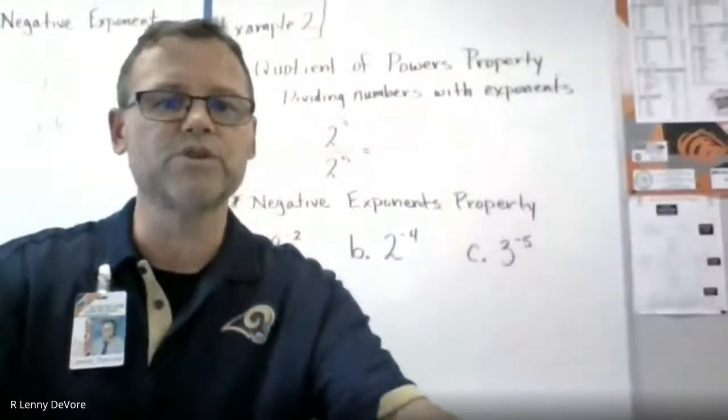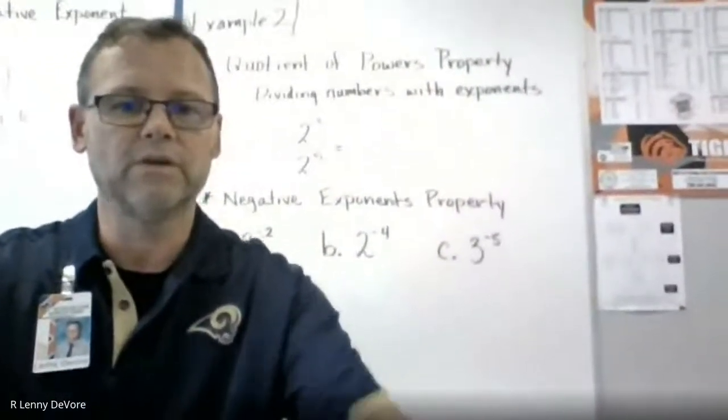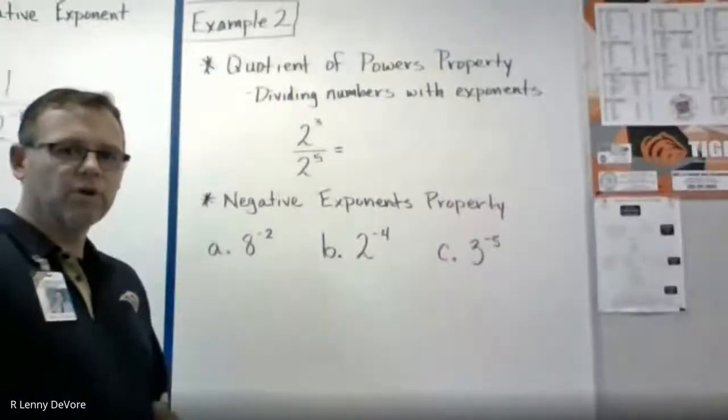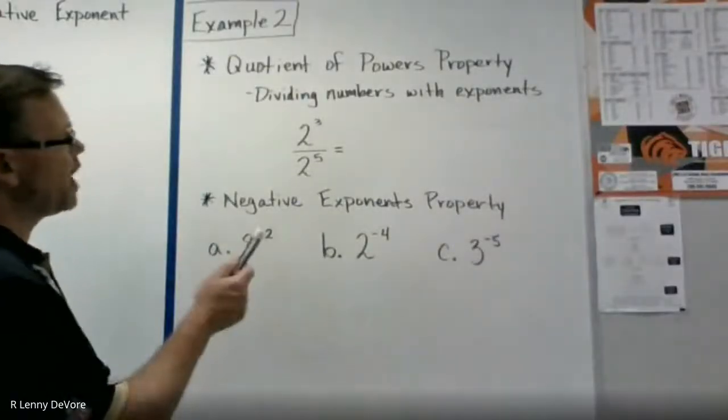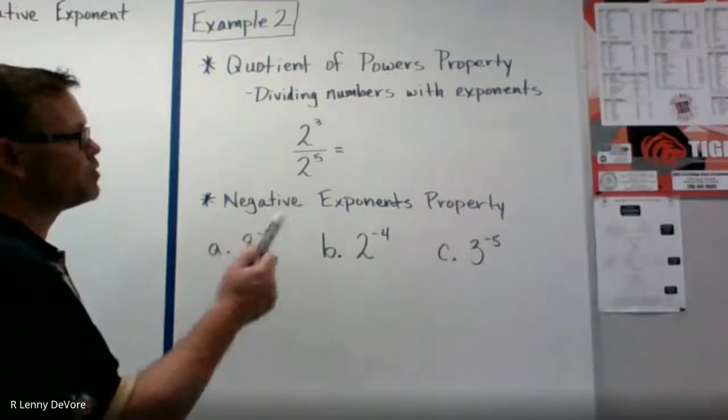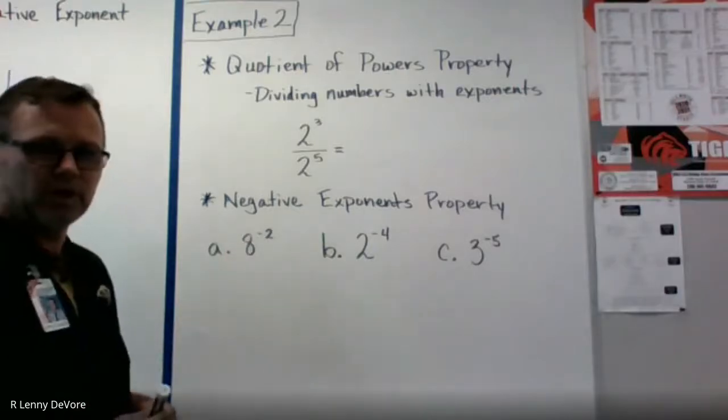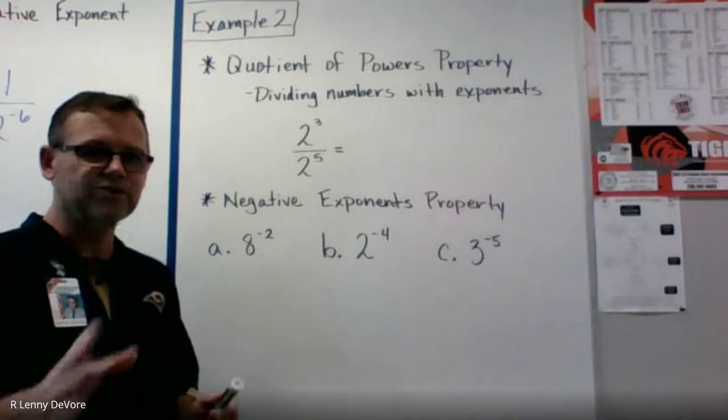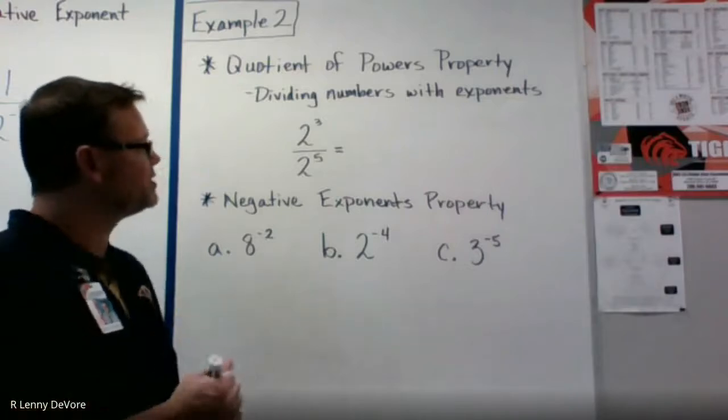Example 2 right here. We're looking at the quotient of powers property. That means dividing numbers with exponents. I went over this a little bit in yesterday's lesson, but I want you guys to see it again.